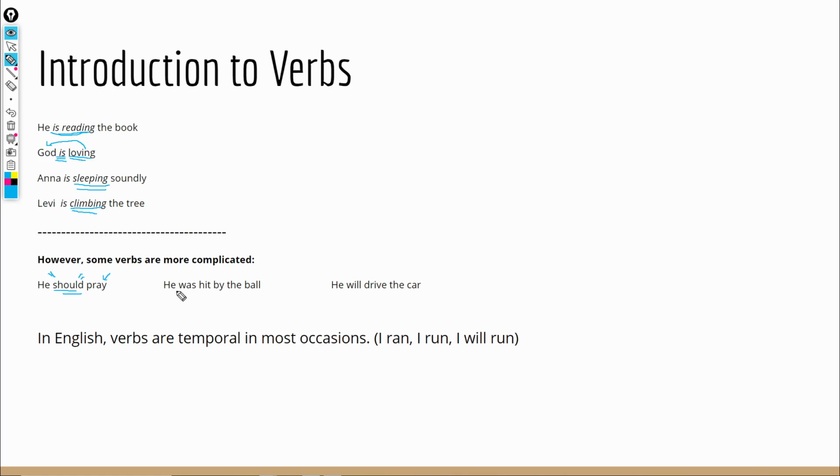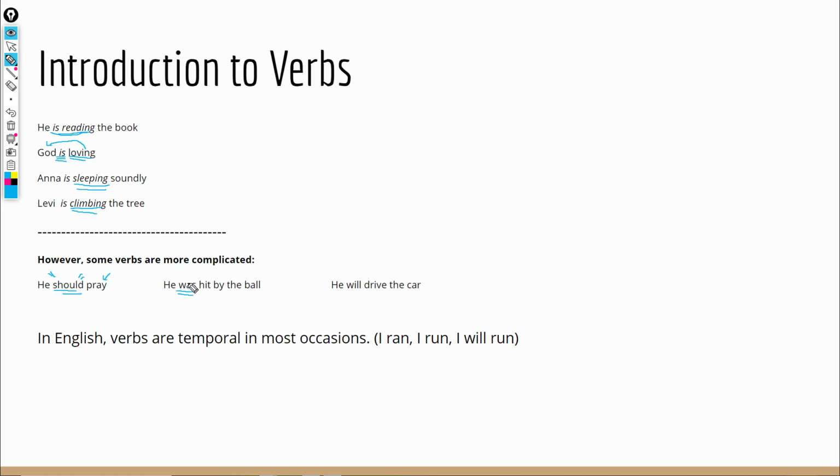Likewise here, he was hit by the ball. Well, if you just said he is hit by the ball, or he is hitting the ball, it can sound like it's more in the present, currently happening. But by adding this word was, you indicate a place and time. You want to specify a time in which he was hit by the ball.